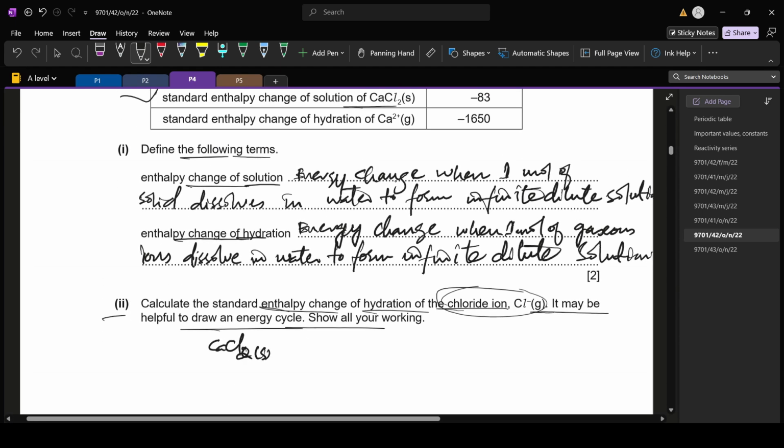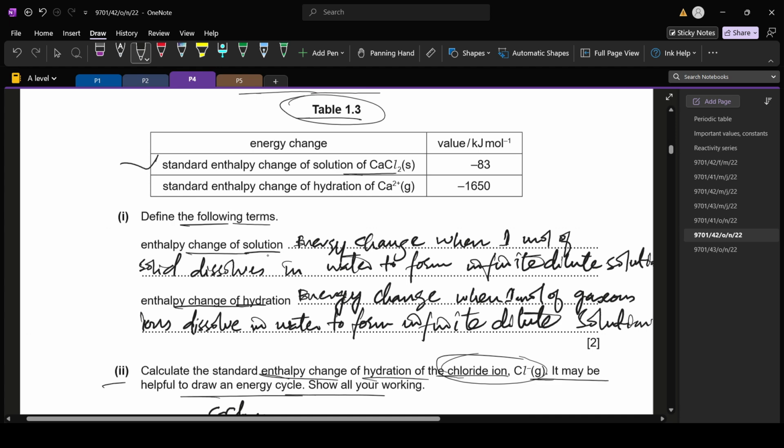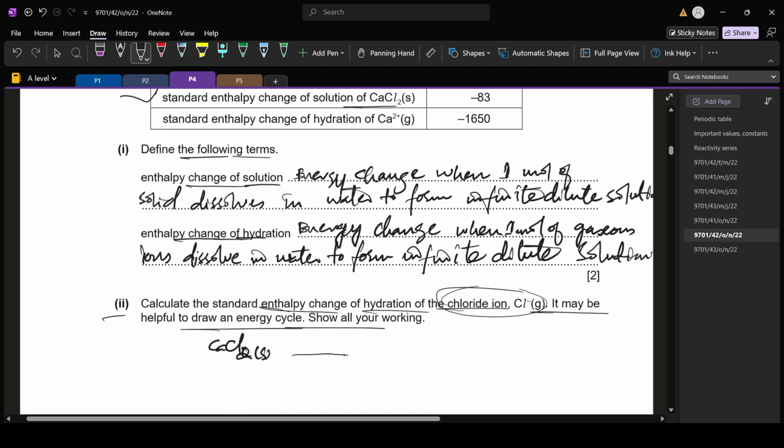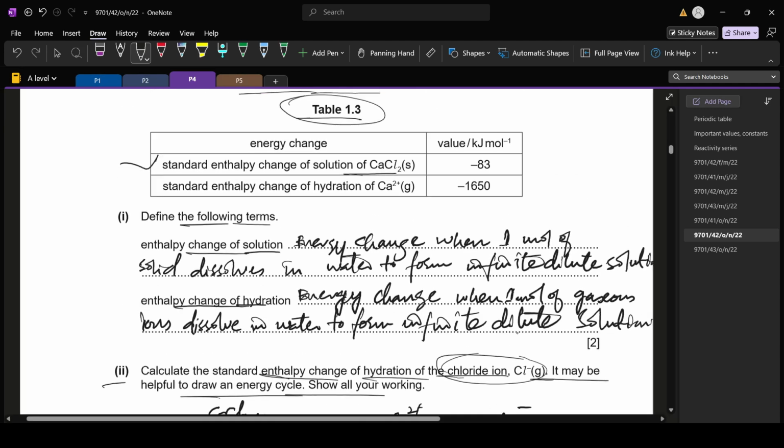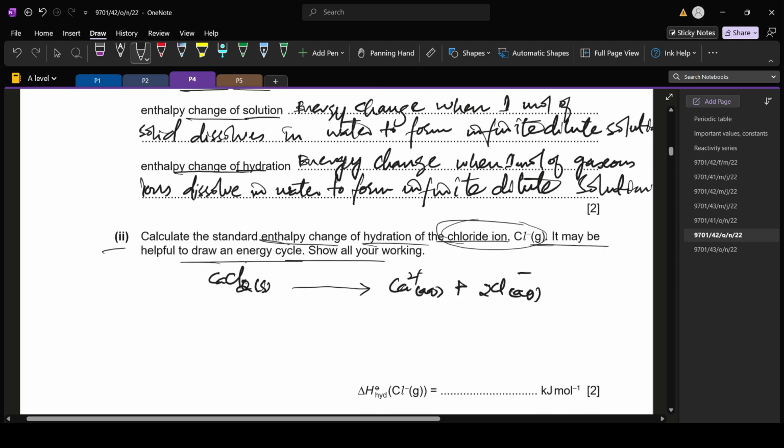You know the definition of enthalpy change of solution is when 1 mole of solid dissolves in water. So when calcium chloride dissolves in water, it will form Ca2+ aqueous plus 2Cl- in aqueous form. Now this is the enthalpy change of solution.